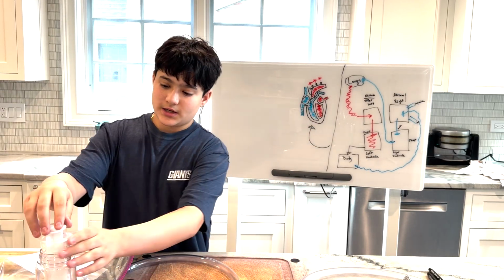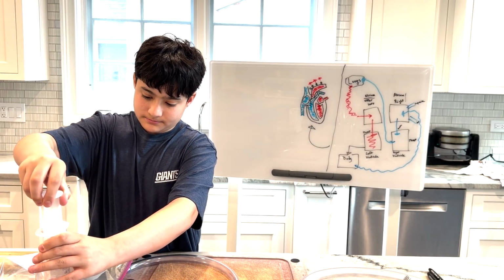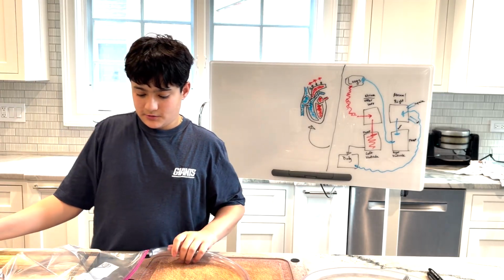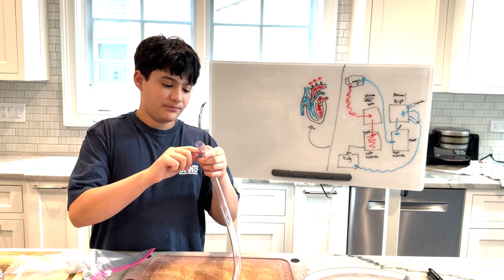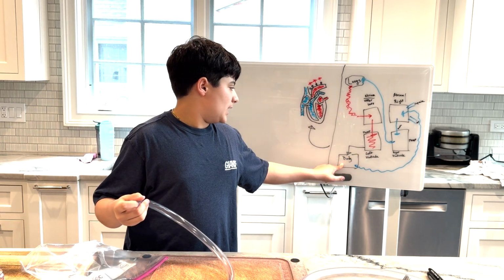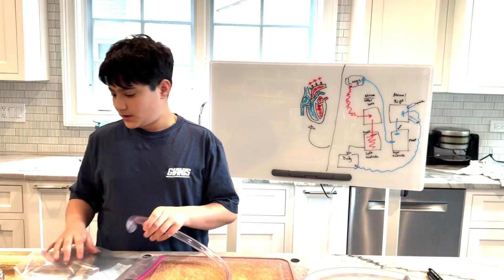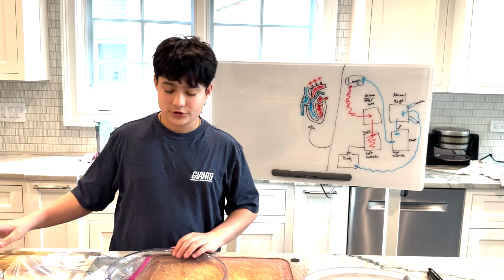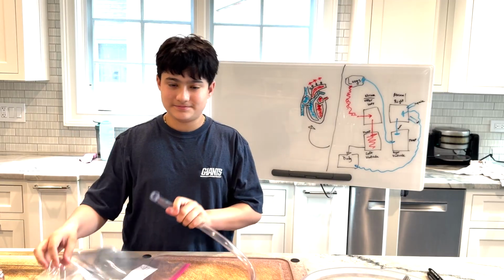Because it's oxygenated blood, we're going to use red blood, which you can see right here. And this is going to simulate the path to the body, which is the aorta. And this is going to simulate the left ventricle. This is going to be our body.